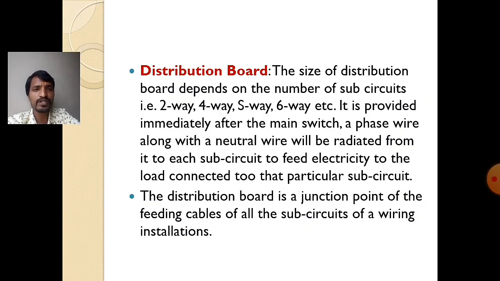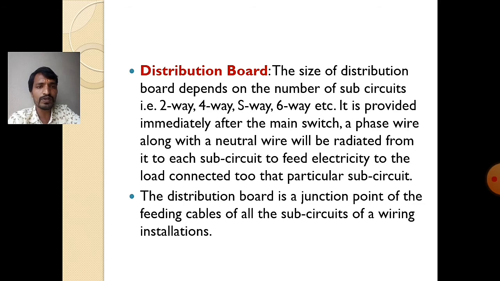A distribution board is a junction between the meter board and the subcircuits. We can draw the number of feeding cables from the distribution board only. The distribution board is decided depending upon the number of subcircuits in the house. The distribution board size, that is 2-way, 4-way, 5-way, 6-way, we decide depending upon the number of subcircuits.